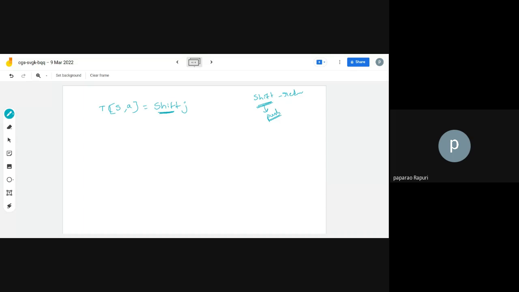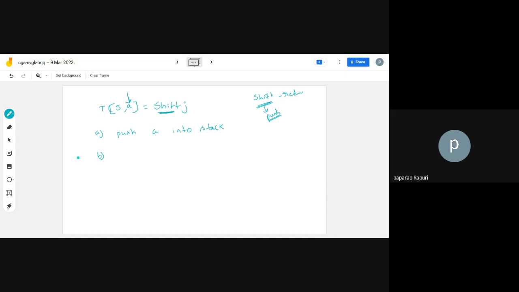So here I need to push. Sir, what do we have to push? The symbol we read is A. So the first step in this case is to push A into the stack.